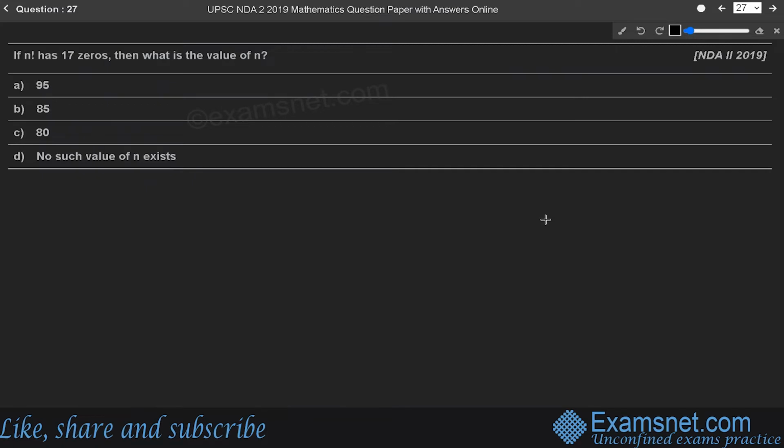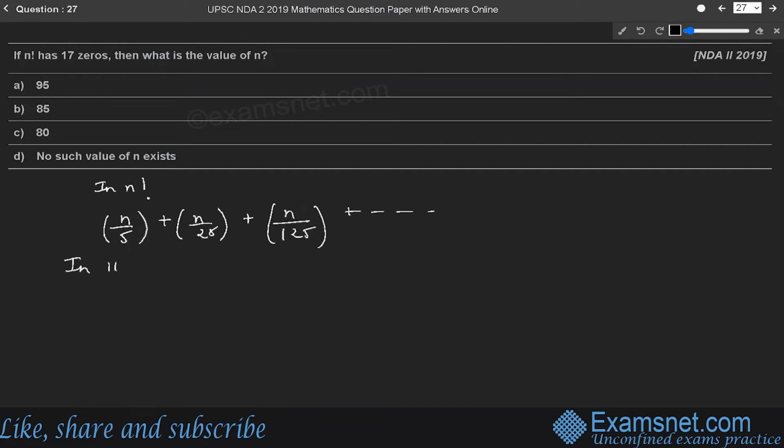Next question is, if n factorial has 17 zeros, then what is the value of n? We know that in n factorial, the number of zeros will be represented as n by 5 plus n by 25 plus n by 125 and so on.